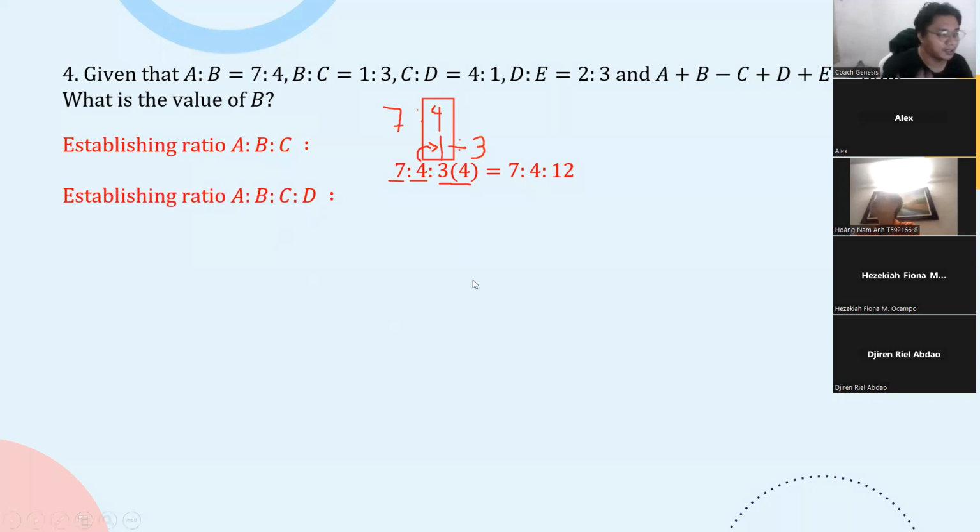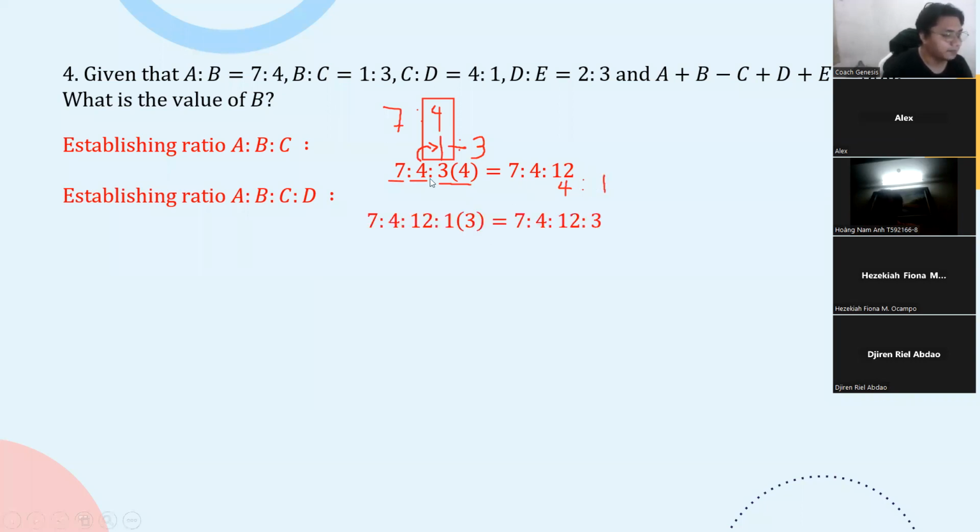Next, we establish the ratio A is to B is to C is to D. So since you already have A is to B is to C, you write here 4 is to 1, because this is the ratio for C is to D. Okay, now we get the LCM of this one. So the LCM of 12 and 4 is still 12.